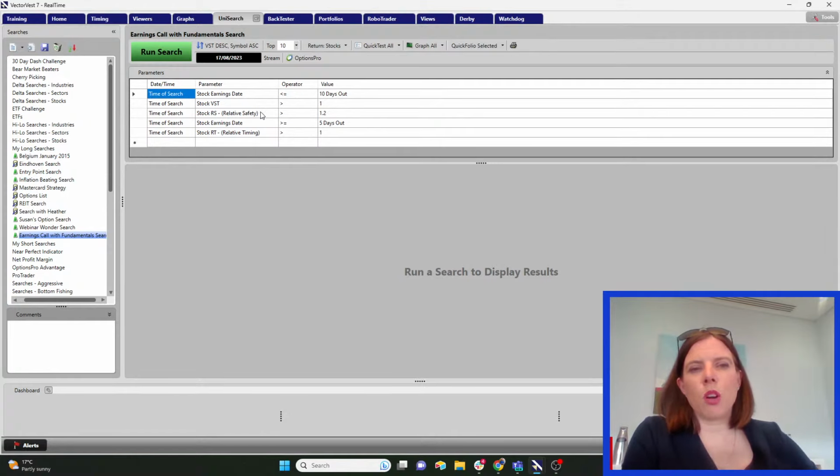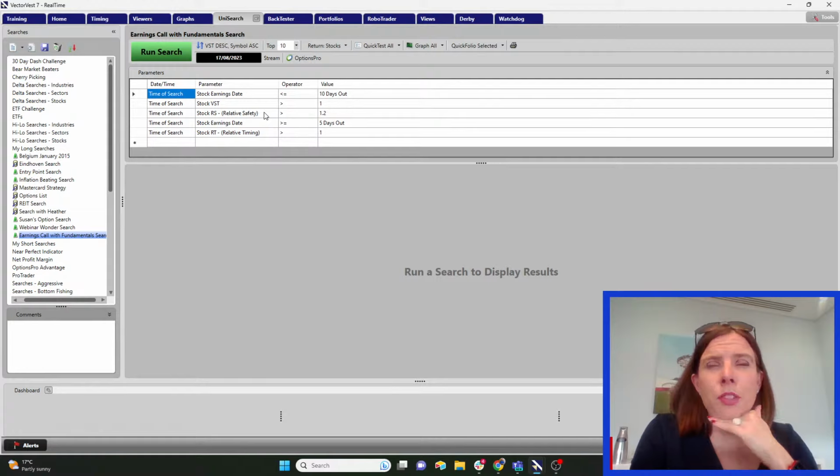When it comes to RS being above 1.2, it's a preference. I like to see consistency and predictability of financial performance. I am somebody who likes to buy stocks with dividends, and I like to sell options on stocks. I like stocks that can demonstrate consistent growth.